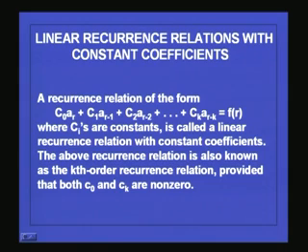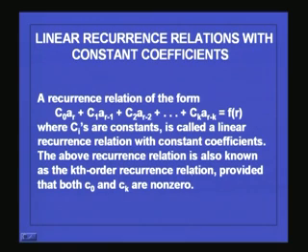Generally, recurrence relation need not be linear, but we will concentrate on linear recurrence relation with constant coefficients. So, the example of Tower of Hanoi and this Fibonacci sequence, they are examples of linear recurrence relations with constant coefficients. A recurrence relation of the form C naught AR plus C1 AR minus 1 plus C2 AR minus 2 etc. equal to FR, a function of R, where Ci's are all constants, is called a linear recurrence relation with constant coefficients.